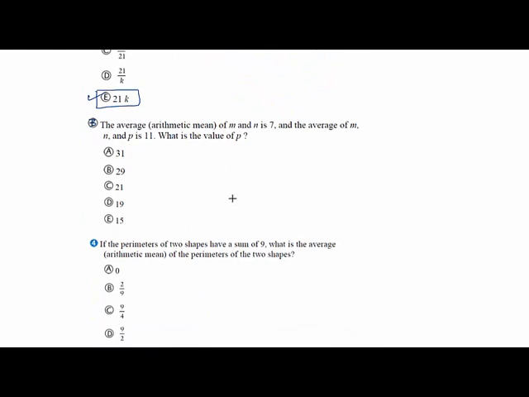If the average, so simply again sum equals average times number of terms. If the average of m and n is 7, so the average is 7, and the average of m, n, and p, so there are two conditions here now. So the average of m and n is 7, so these are two terms, right?